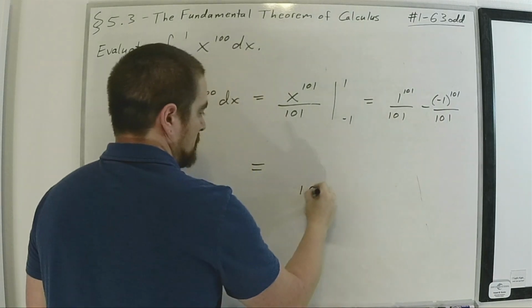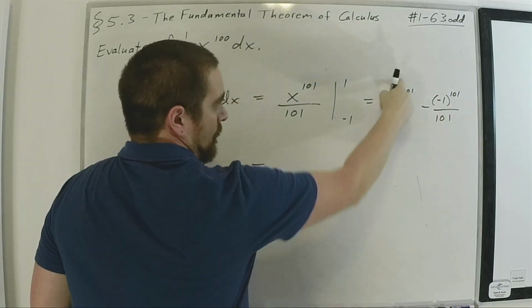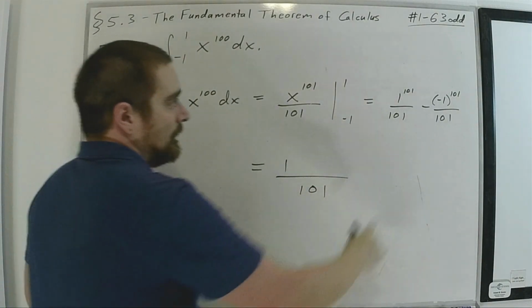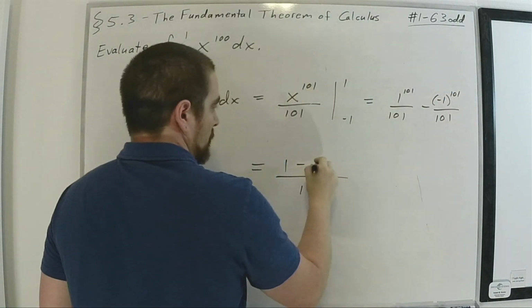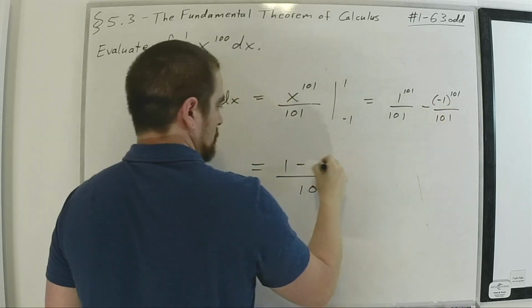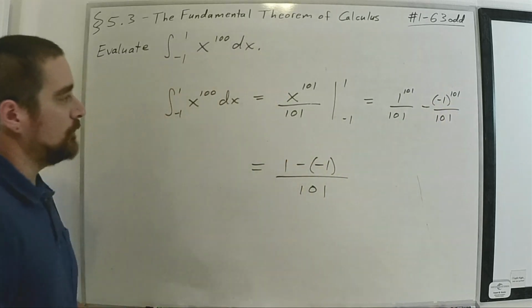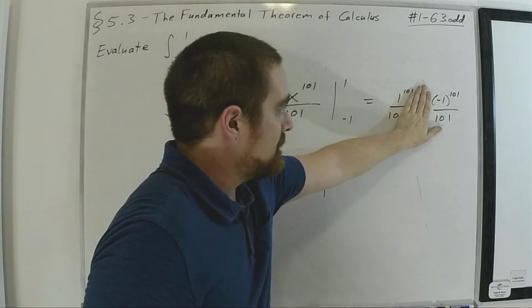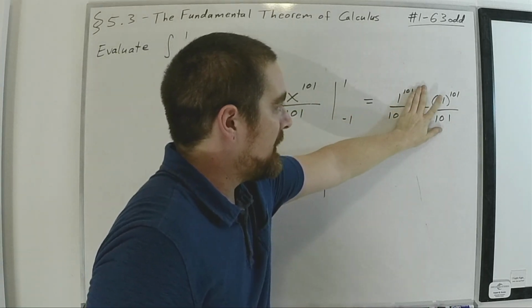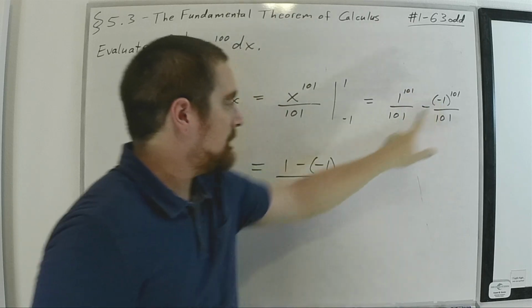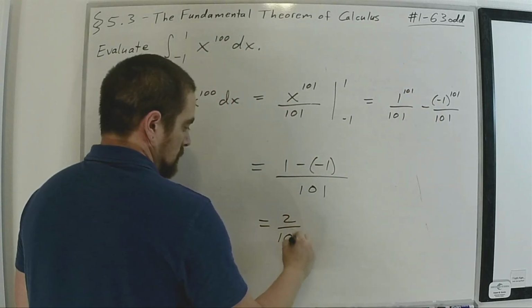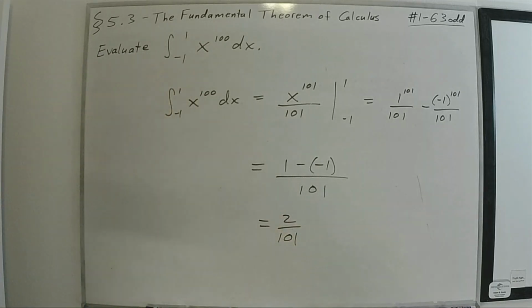They have this common denominator of 101. 1 to that positive power, 101, is still 1. -1 to that odd power is negative, and I'm subtracting a negative. So I'm actually adding to get 2 over 101.